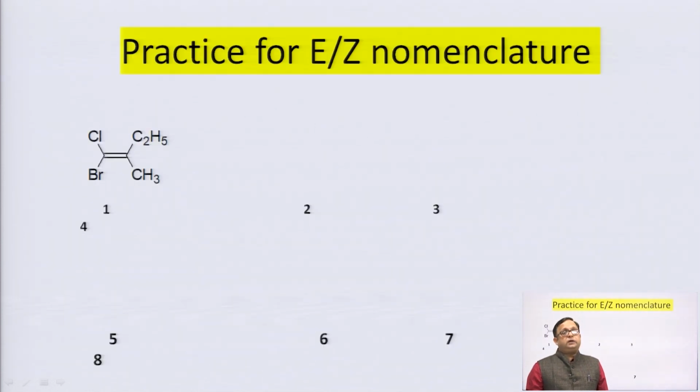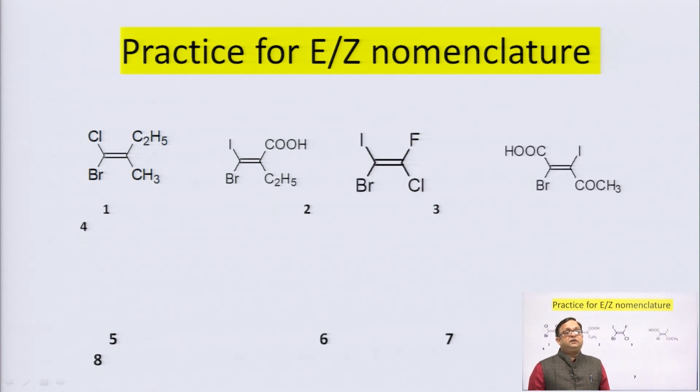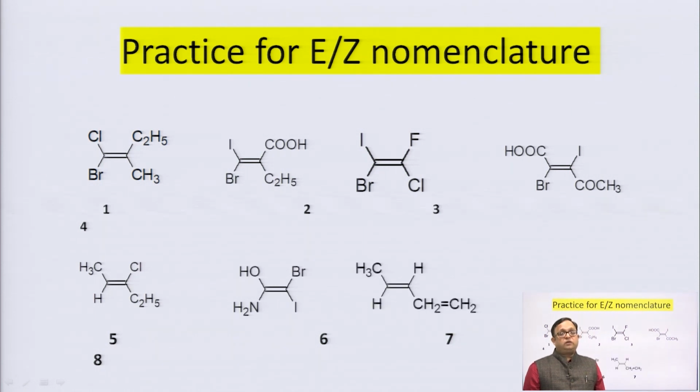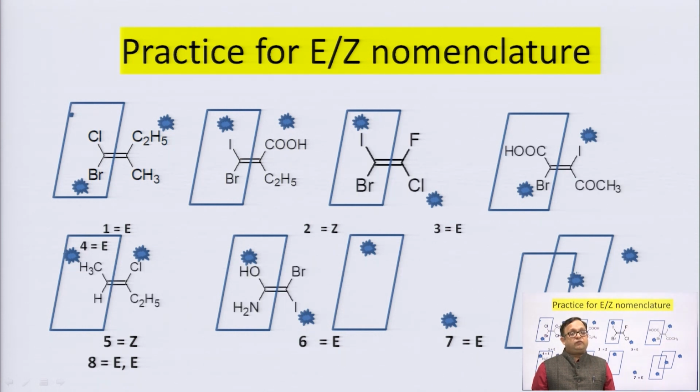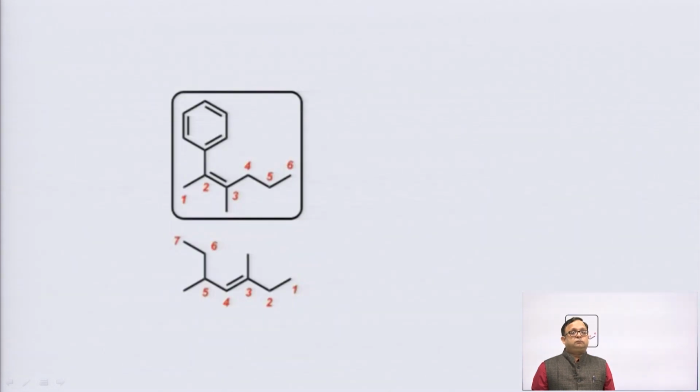So, dear students, you can practice with these examples. Let us see. You can assign E Z nomenclature on the basis of the rules we have discussed so far. Here are the answers to the different nomenclature assignments, and here are 2 more examples.